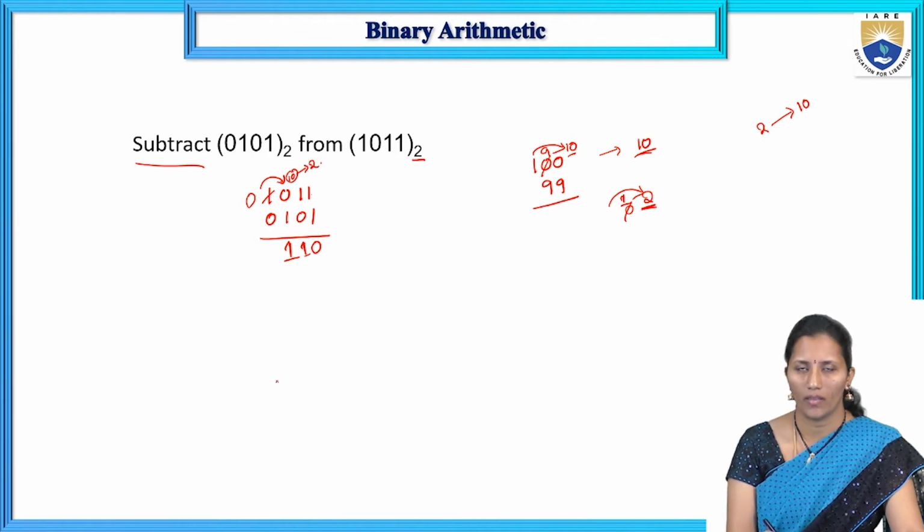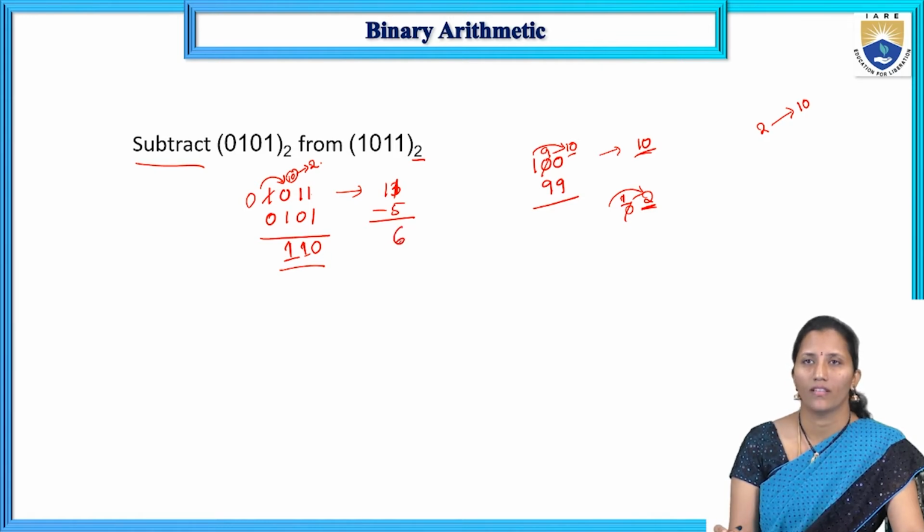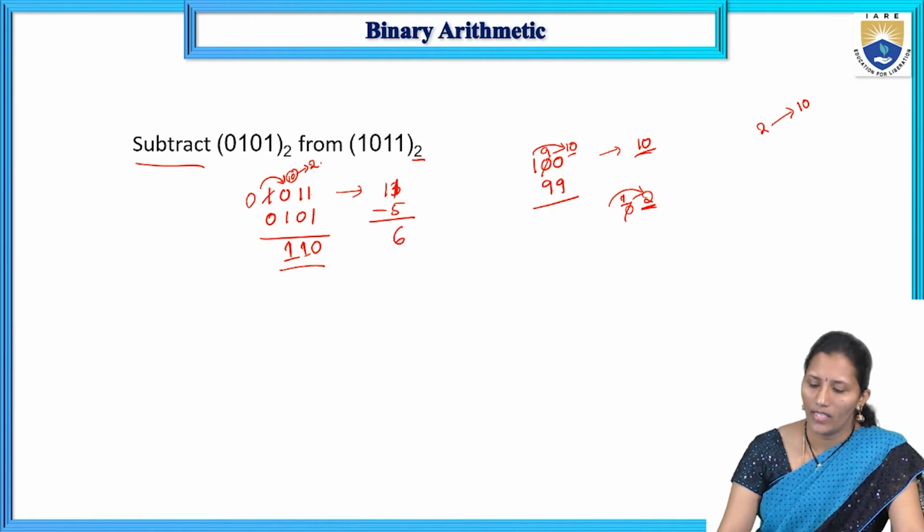The binary representation is 1, 1, 0. This is 13. 11 minus 5, you are going to get 6. 1, 1, 0 is 6. This is binary subtraction.